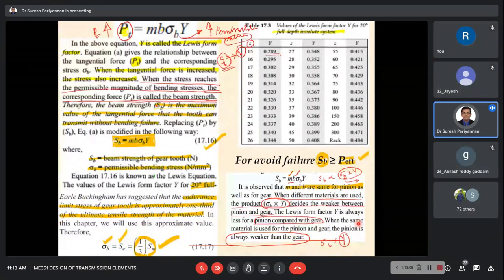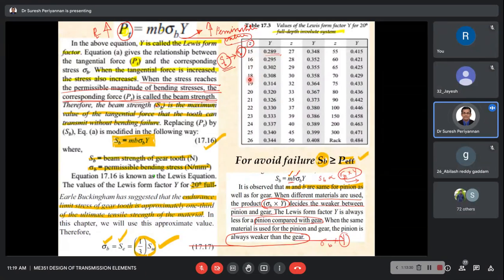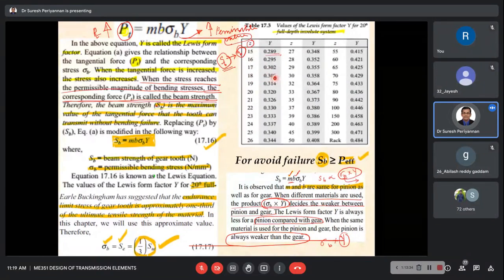Then the pinion has less strength. The pinion is weaker than the gear, because the size of the pinion is smaller than the gear and the number of teeth is also less. Suppose the pinion has 18 teeth, then the corresponding Lewis factor is 0.308.